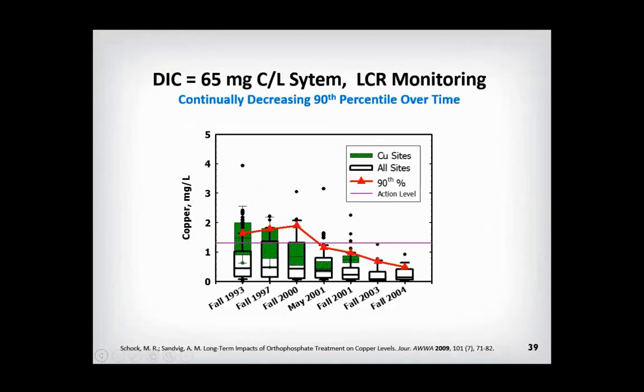Here's another example, a Midwest system, that shows, using lead and copper rule monitoring data, that basically they aged themselves out of a problem. After 8 years, by going back to the same sites, or mostly the same sites, the copper was distinctly lower, and finally, you can see even now, at the end of this data, 11 years after the beginning, you see much, much lower copper levels than at the beginning with no water quality change.